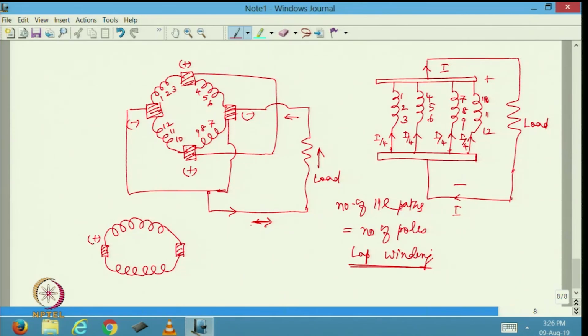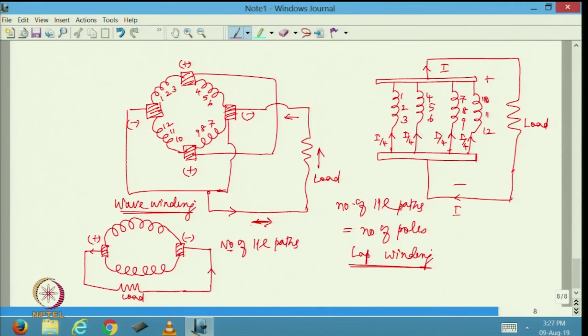So this is going to be positive and this is going to be negative. Irrespective of the number of poles, I will have only 2 parallel paths. This is going to supply the current to the output, and the current returns like this. So here is my load. This is my wave winding. In wave winding, I will always have the number of parallel paths equal to 2.